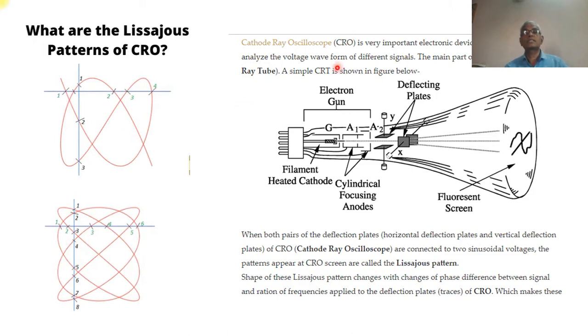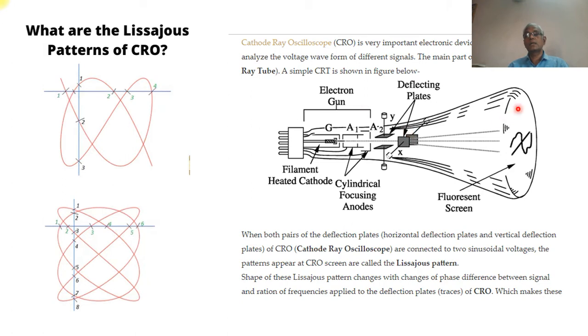So let us see what a CRO is. CRO is known as the cathode ray oscilloscope, and it is a very important electronic device. It is used to analyze voltage waves or different kinds of signals, even frequency, to very accurate precision.